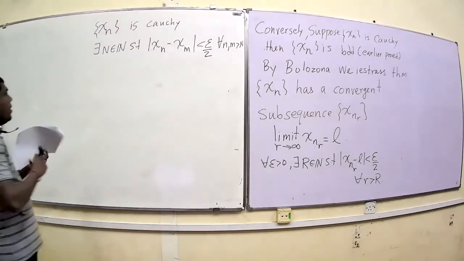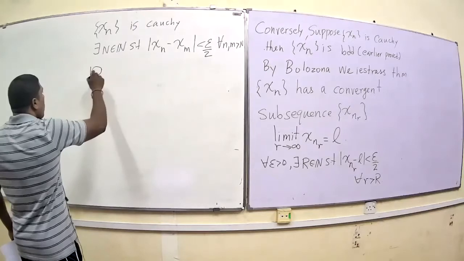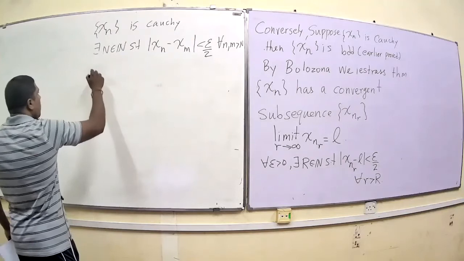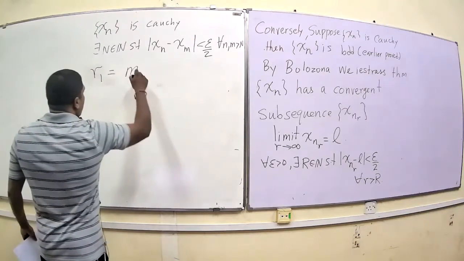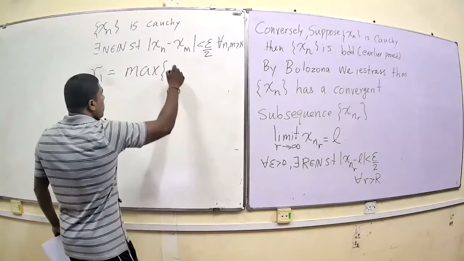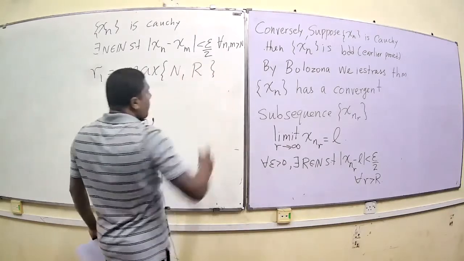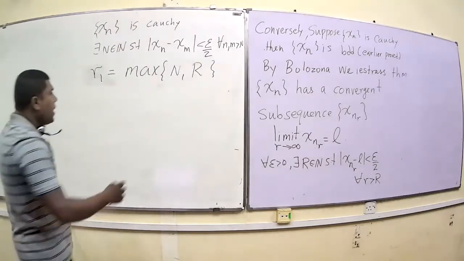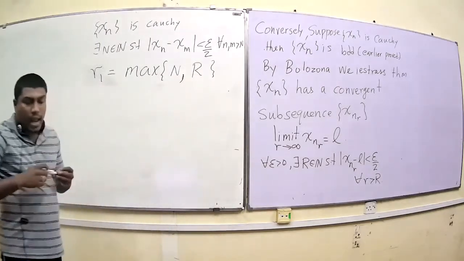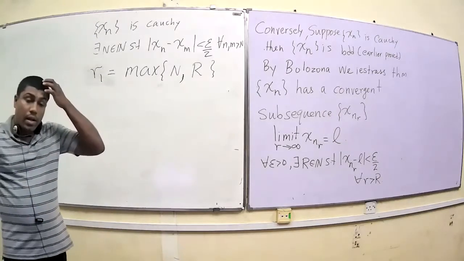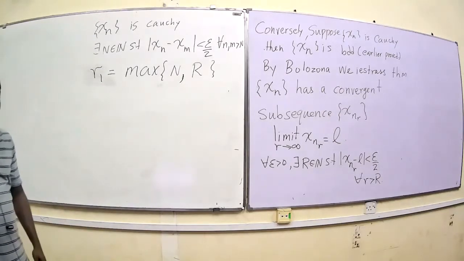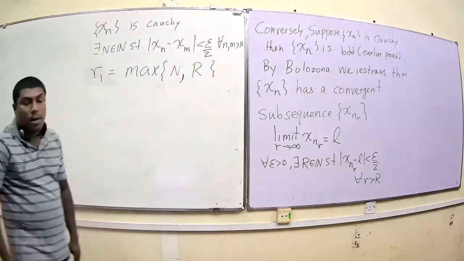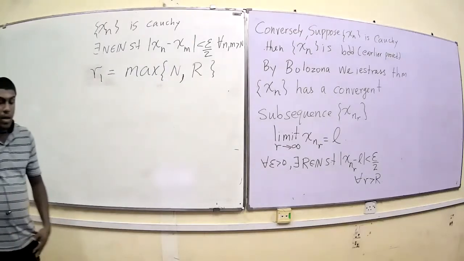So now what I am going to do is take small r1 as the maximum among N and R, right? So if you choose N and R here and here, then you take the maximum among both of them.